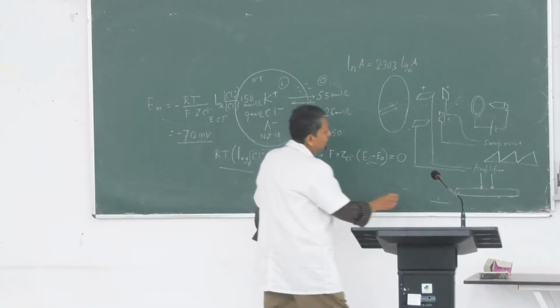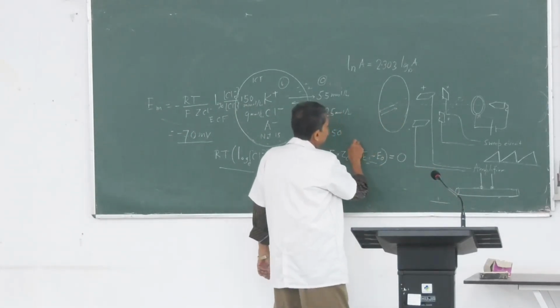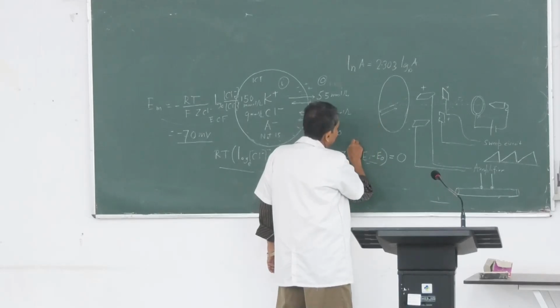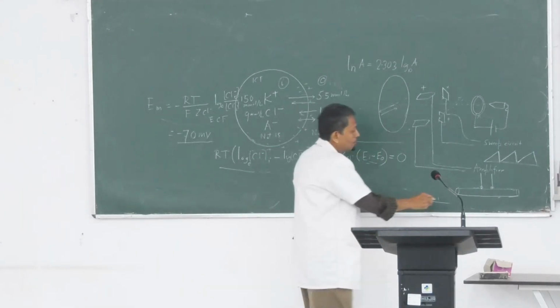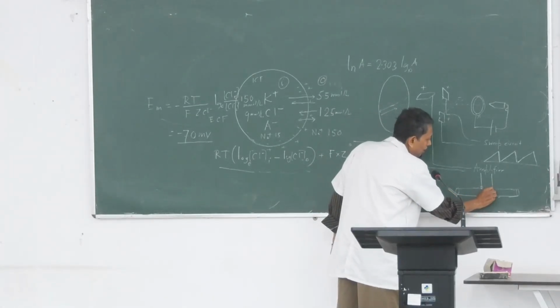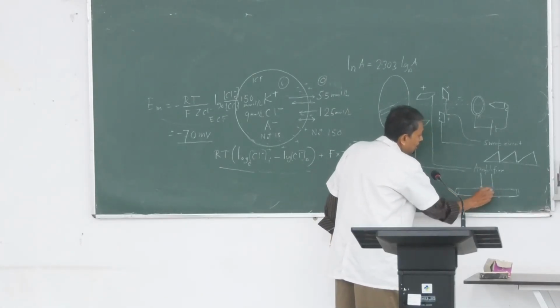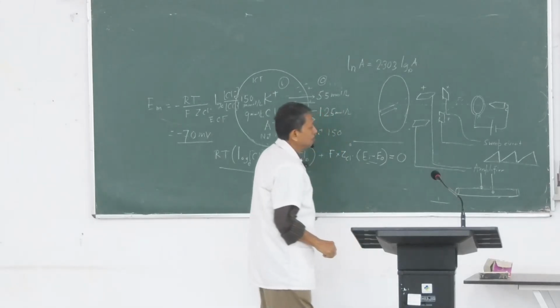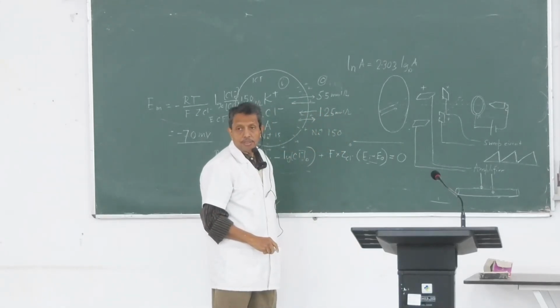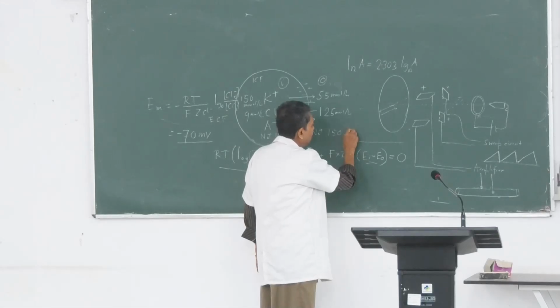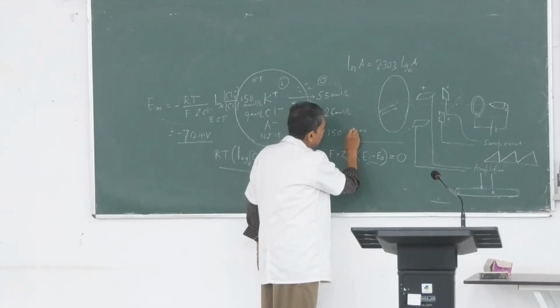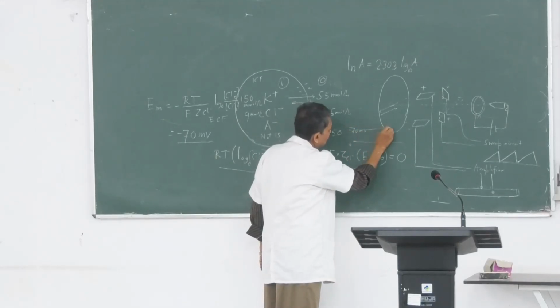Now, if both the electrodes are outside the membrane, then there is no change and it is zero in this case. But when one electrode is inside the membrane, you will find that there is a fixed potential difference. Suppose it is minus 70 millivolt, and it is also steady.